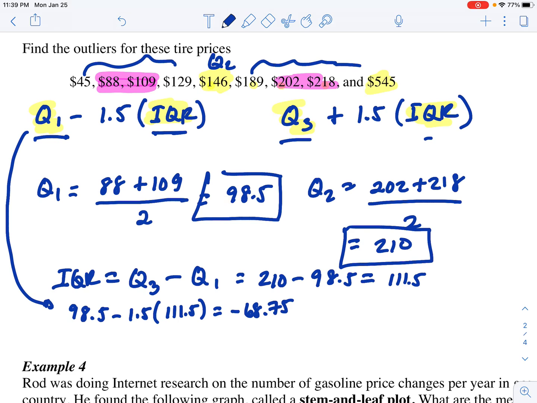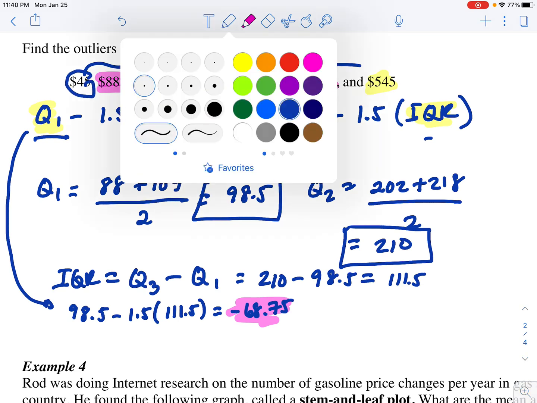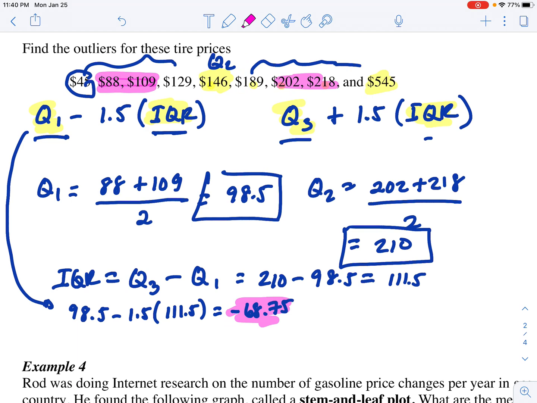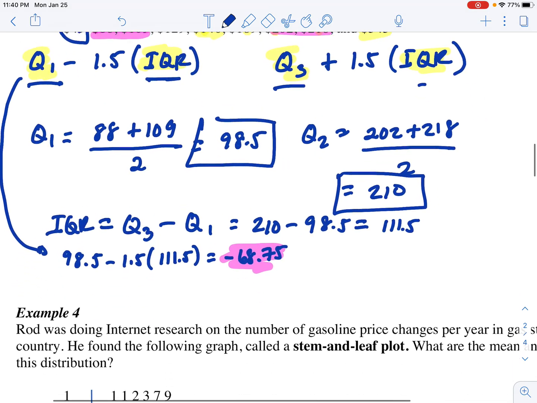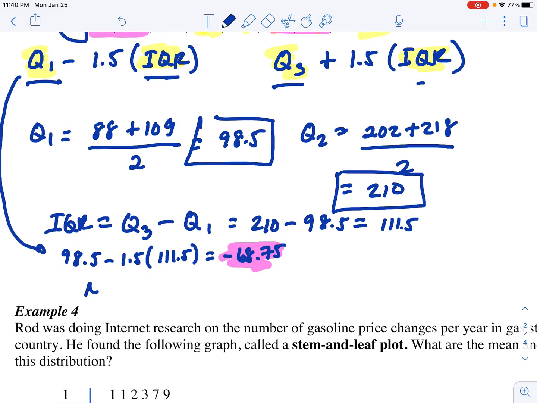So that means this is the lowest we can go in order to have an outlier in the lower end. You know, kind of looked like 45 was an outlier, but it's not lower than negative 68.75. So that means there were no outliers on the lower end.